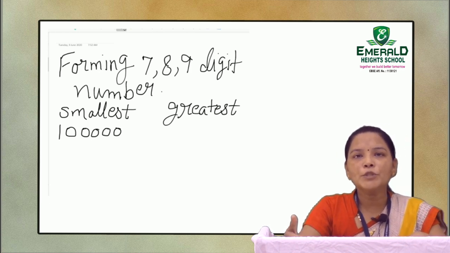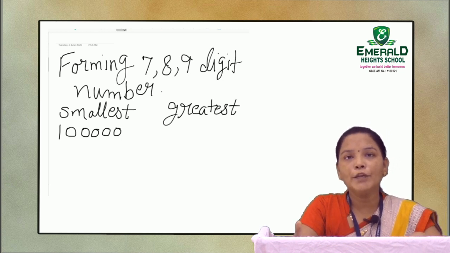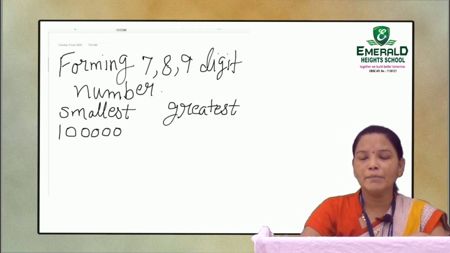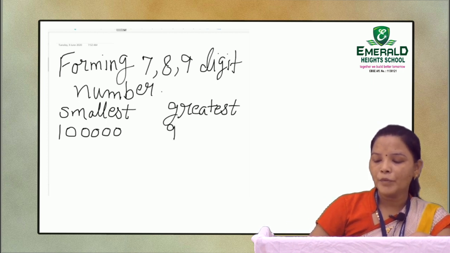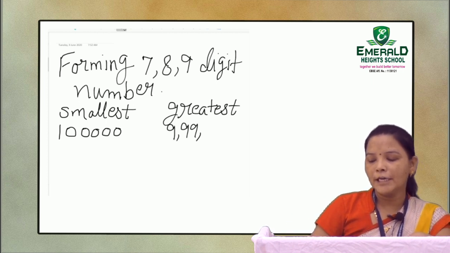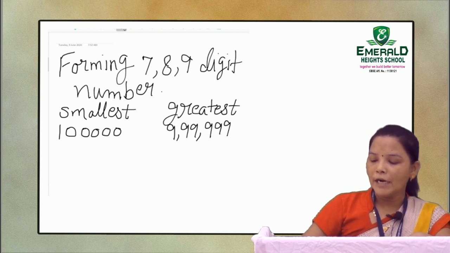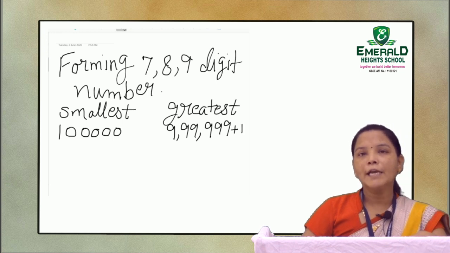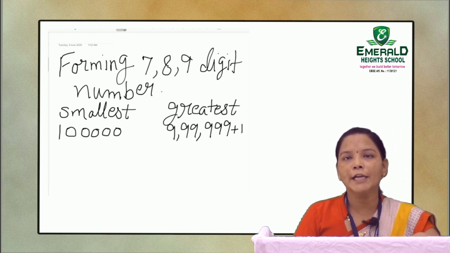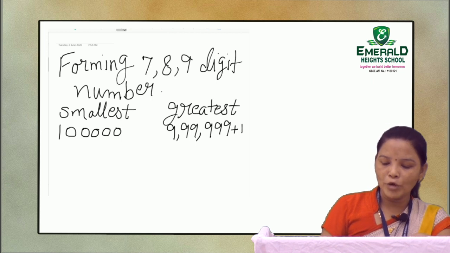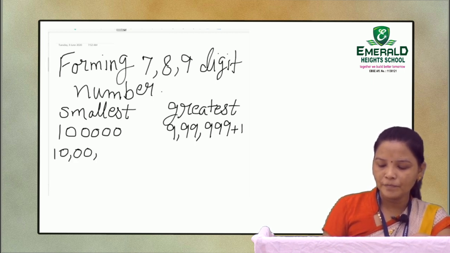Now if we go on proceeding by using 1 lakh, then 1 lakh 1, 1 lakh 2, 1 lakh 3, 1 lakh 4, and in this way if we go on proceeding, we will get the largest 6 digit number, 9,99,999. Now if we add 1 in 9,99,999, we will get the smallest 7 digit number and that is 10 lakh.